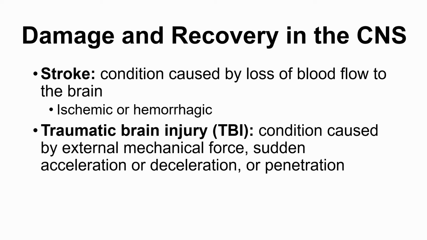Even if a concussion doesn't lead to loss of consciousness, it can cause long-term problems, and especially if you have multiple concussions successively, it can cause long-term brain damage that can start causing things like amnesia or memory loss or attention deficits. So it's a big problem, especially in sports.